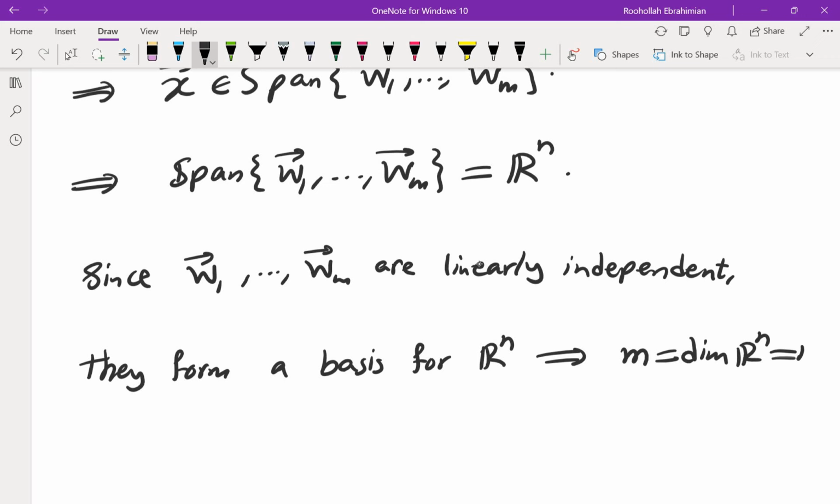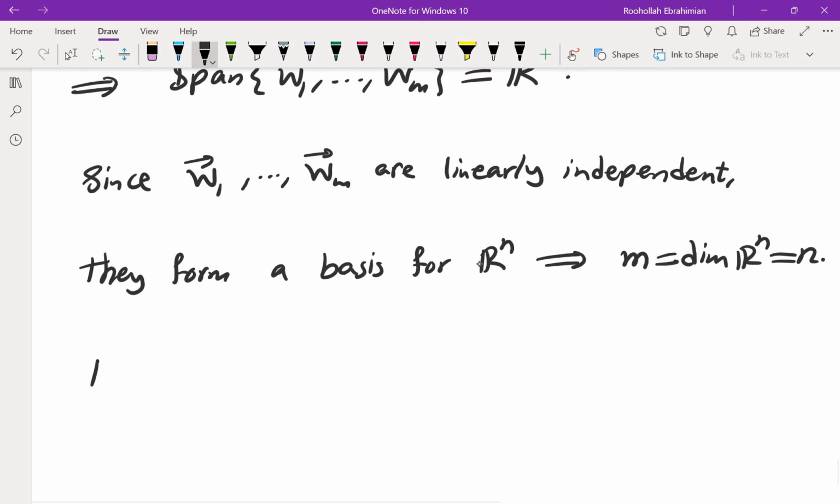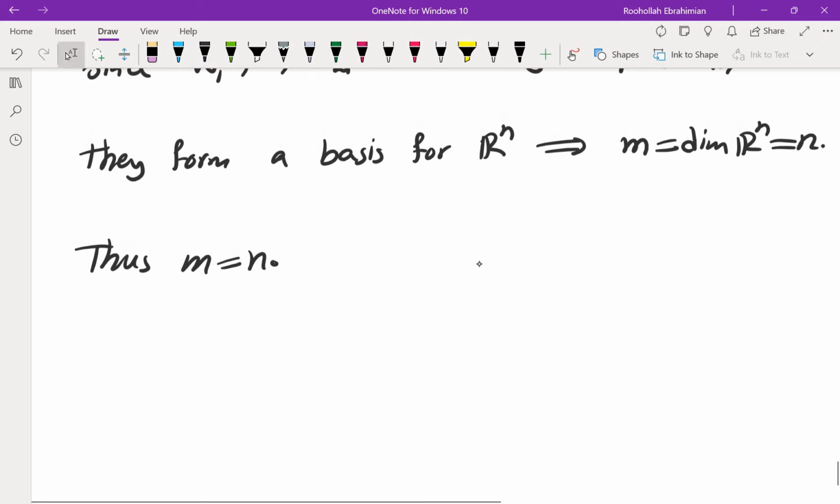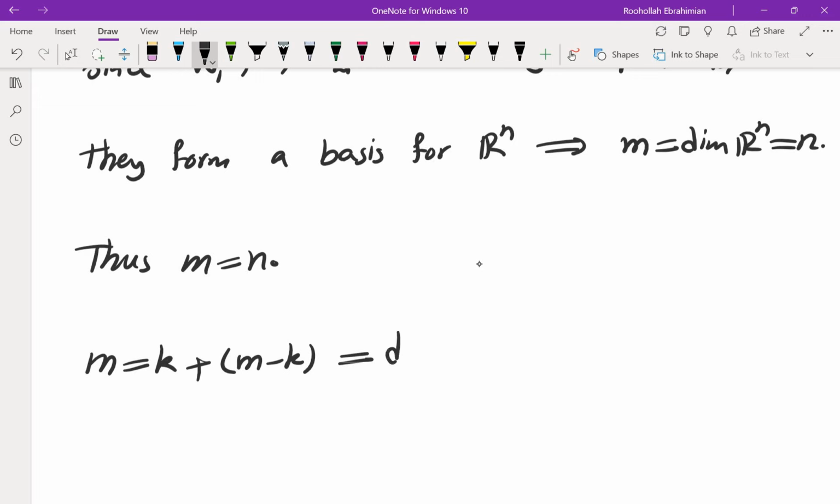And what is the dimension of Rn? That's n. So therefore, m and n are the same. But if you go back, m was k plus m minus k. K was the dimension of W, m minus k was the dimension of W perp, and that's exactly n. And that completes the proof.